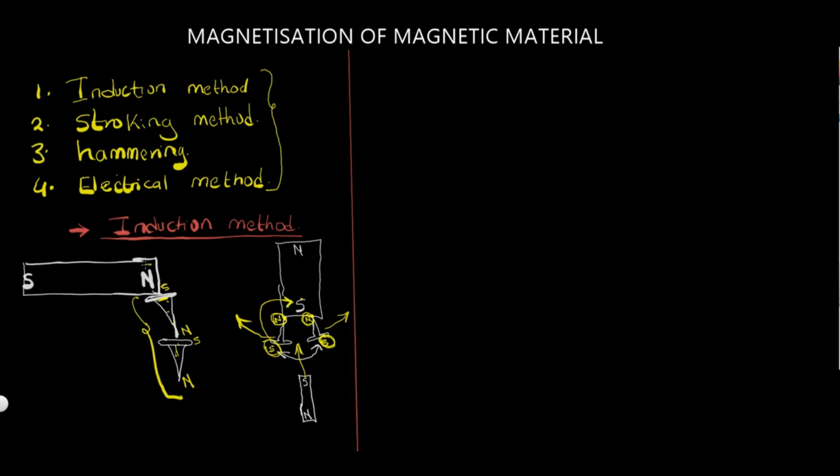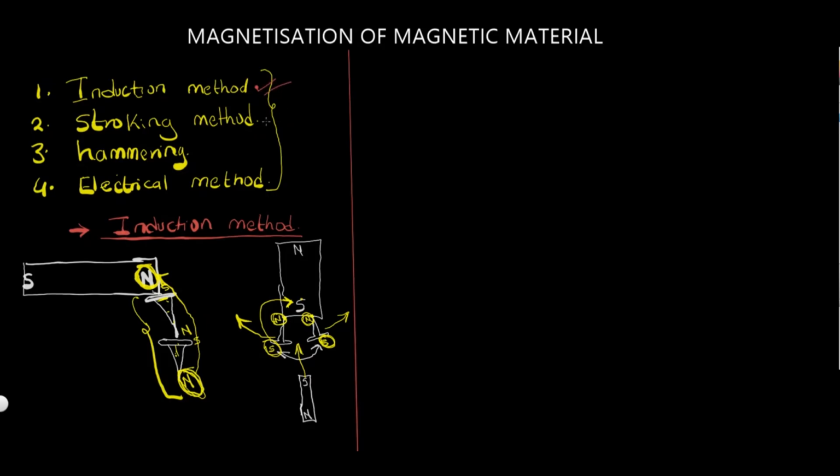Even in this example, you can see we have used the north pole. So the lower pin will receive the same polarity as the part to which the pin has been attached. So this lower part will also be the north pole. So that is a shortcut, a shorter way of knowing the polarities of these pins. So now that is all about the induction method.